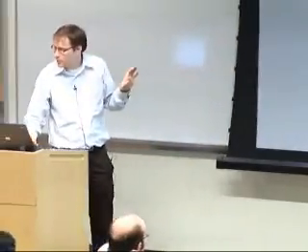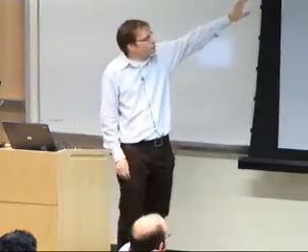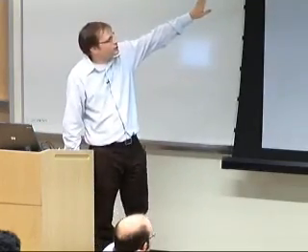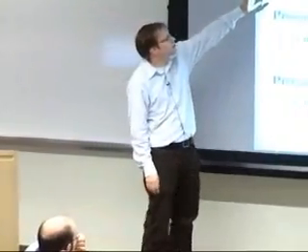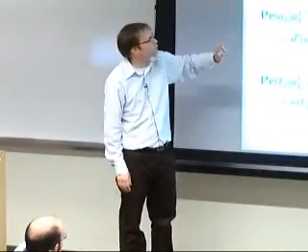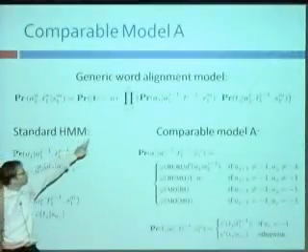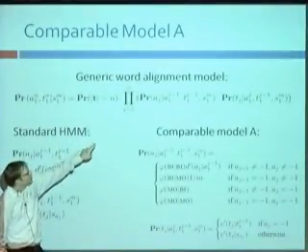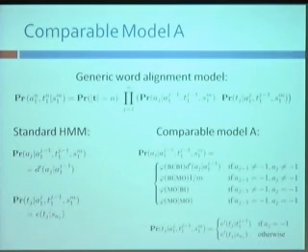So I hope the math isn't too daunting here. The top is the true generative story without any approximations of how we might generate a sentence, a target sentence and an alignment given a source sentence. So first we predict the length of the target side, then we predict each state conditioned on all prior information, and then we pick the translation conditioned on that state and all other prior information.